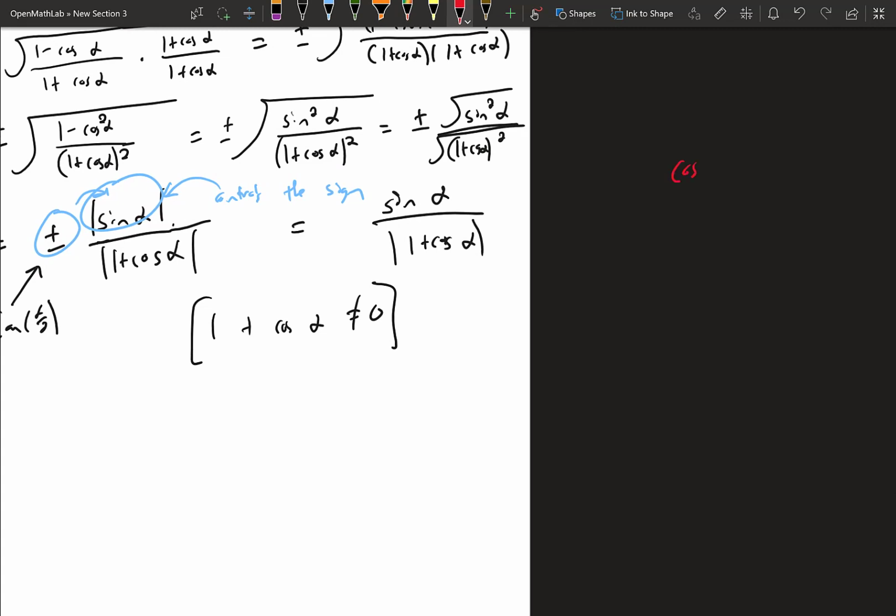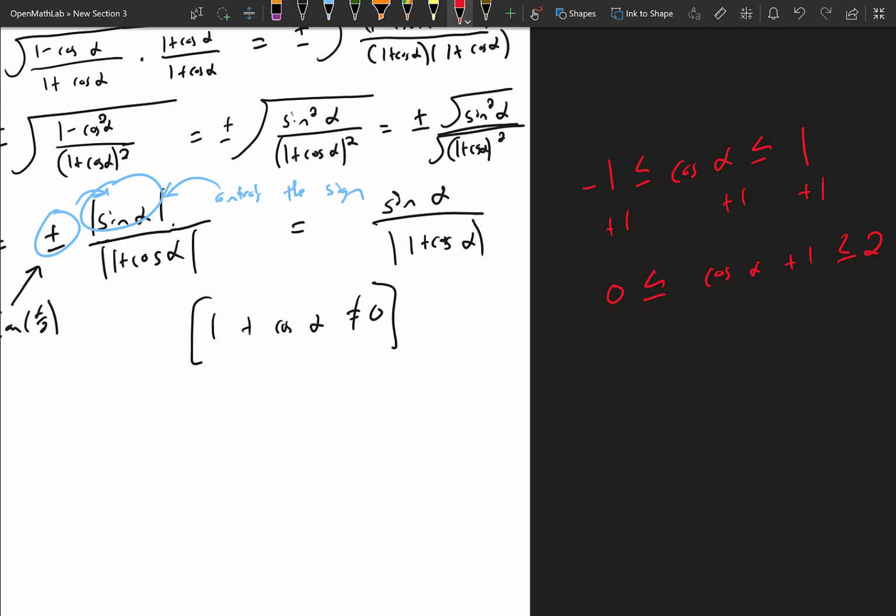What we know is that cosine of alpha is between -1 and 1. So if I add 1 to everything, we end up with 0 less than or equal to cosine of alpha plus 1 less than or equal to 2. So cosine of alpha plus 1 is between 0 and 2.